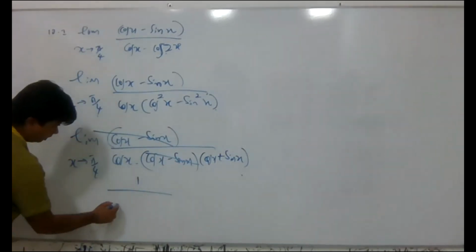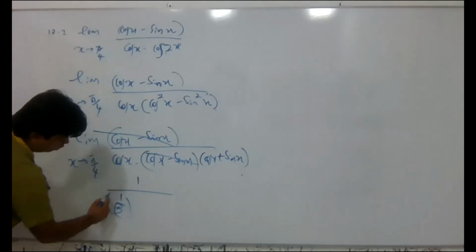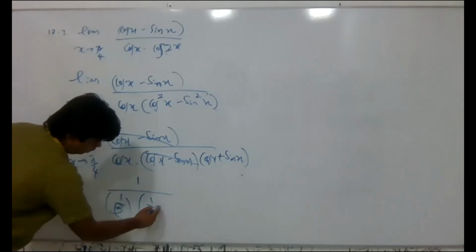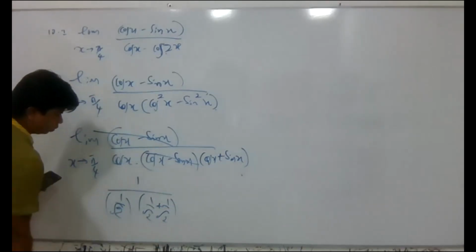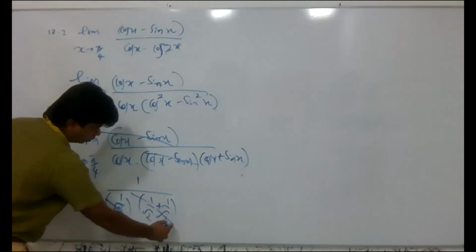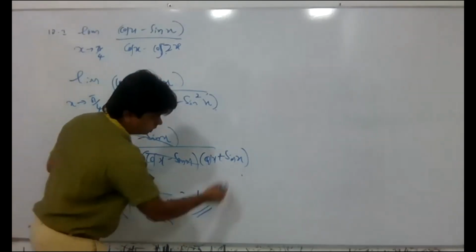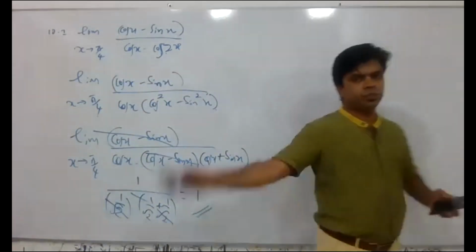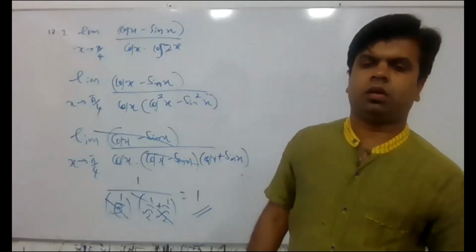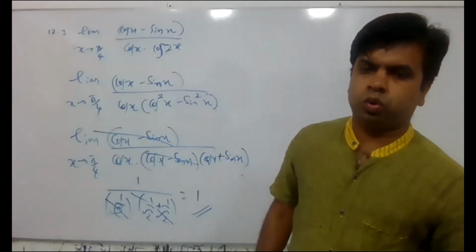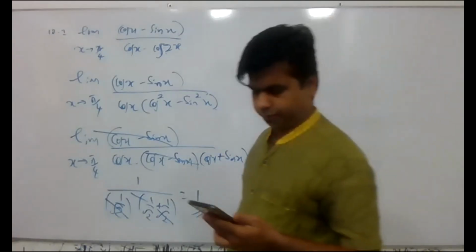Then 1 over root 2, right? Then 1 over root 2 plus 1 over root 2, right? Here 2 over root 2 means root 2. These two also cancel, you get 1, right? Who got 1? Good, right?